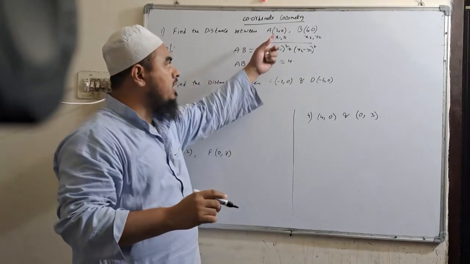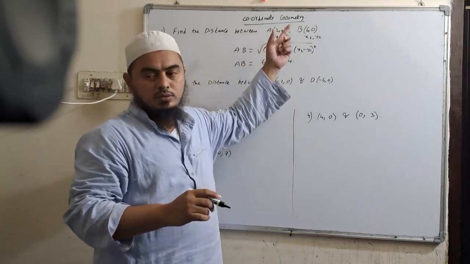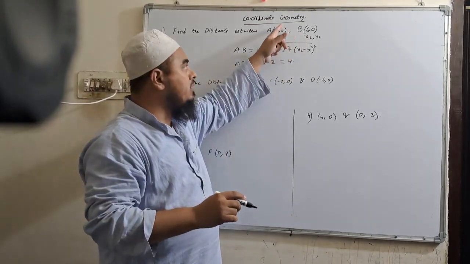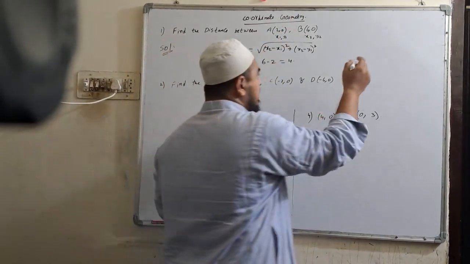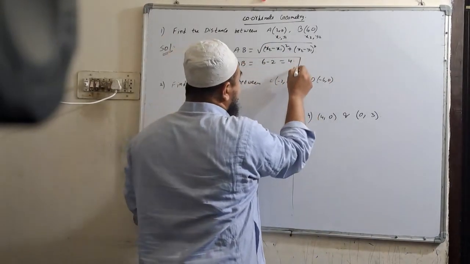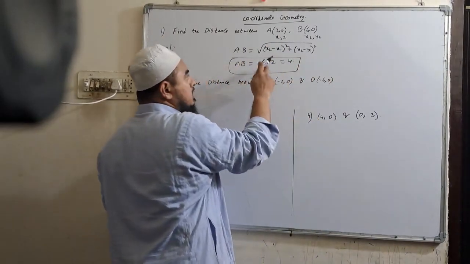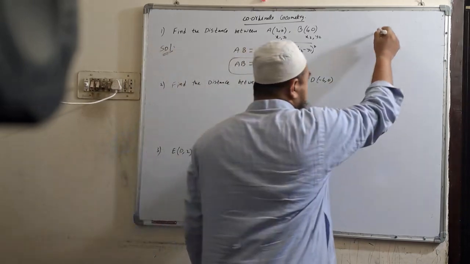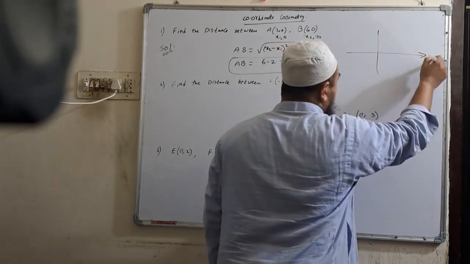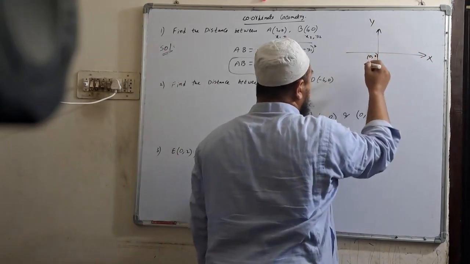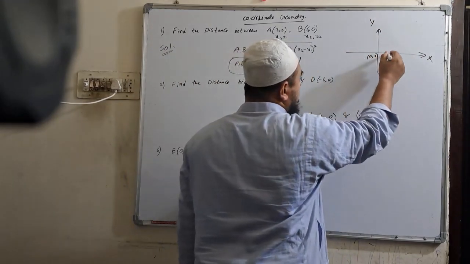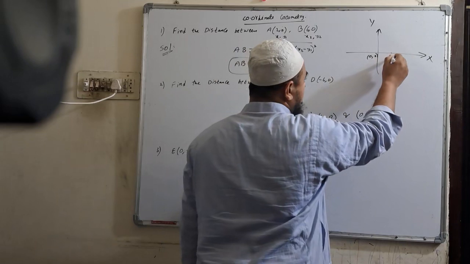Any value they give in place of x1 and x2, if the y coordinates are 0, then you can find it directly by subtracting the values, that is 6 minus 2. That is, if you take the xy graph, here you have 0, 0 and 2, 0 means you get somewhere here.